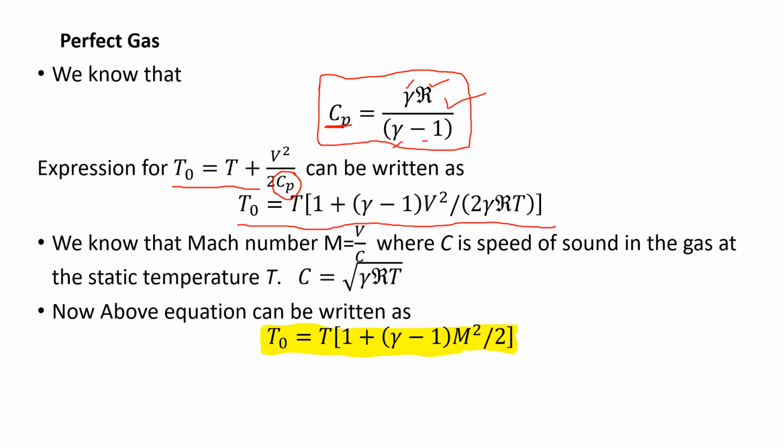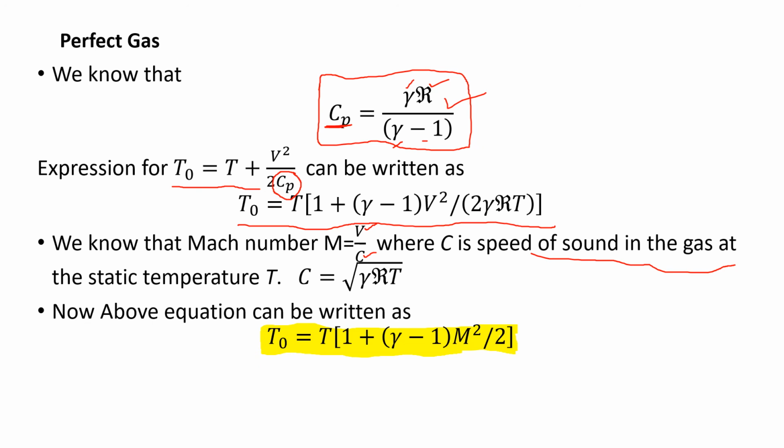And we know what Mach number is. Mach number is the velocity of the fluid divided by the speed of sound, V by C, where C is the speed of sound in the gas at static temperature.